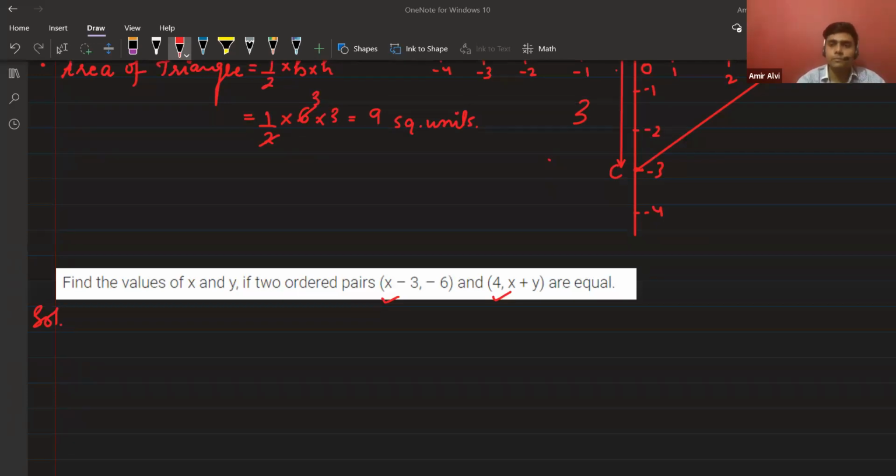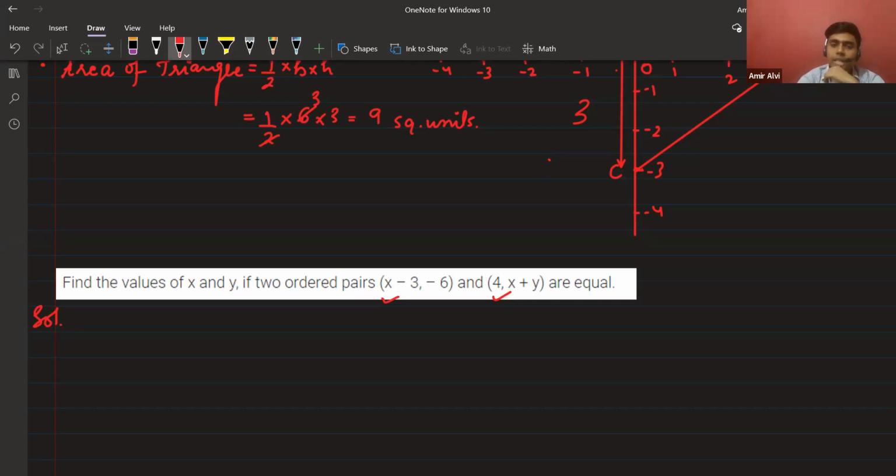Okay, let me give you some hint. If the ordered pairs are equal, can we equate the value of x and y?